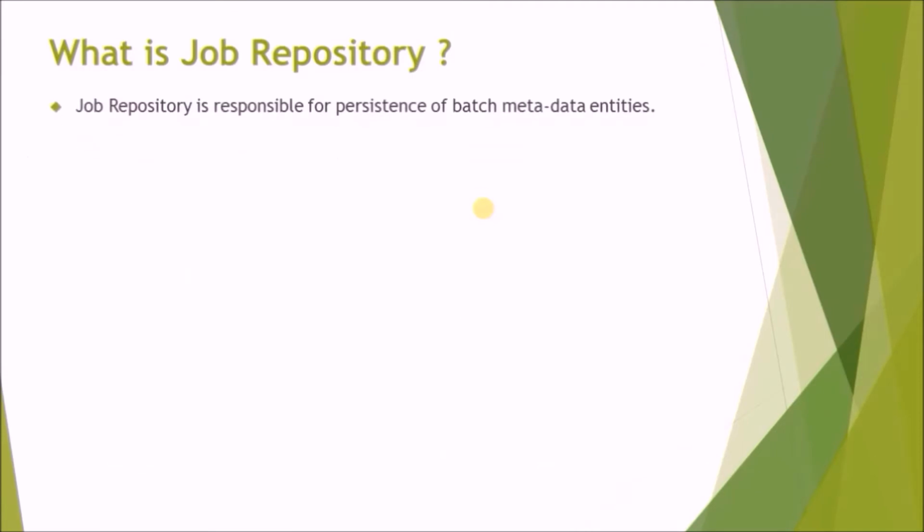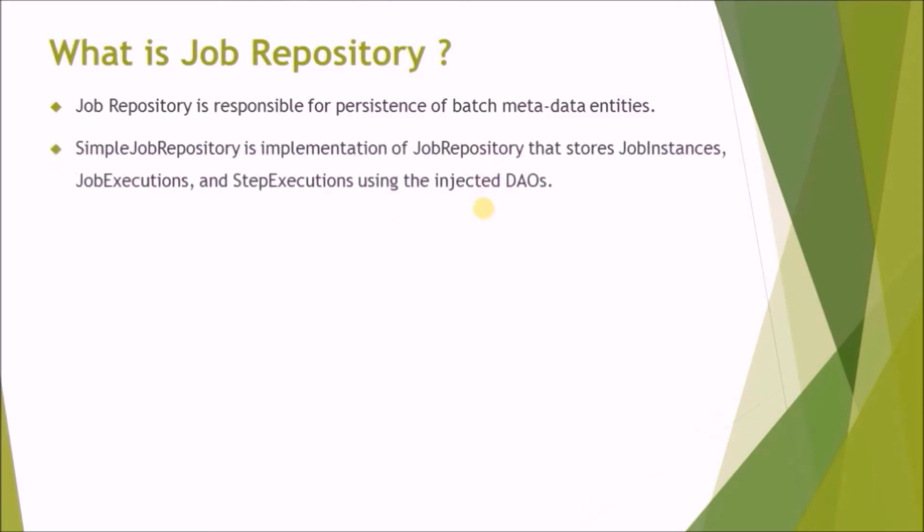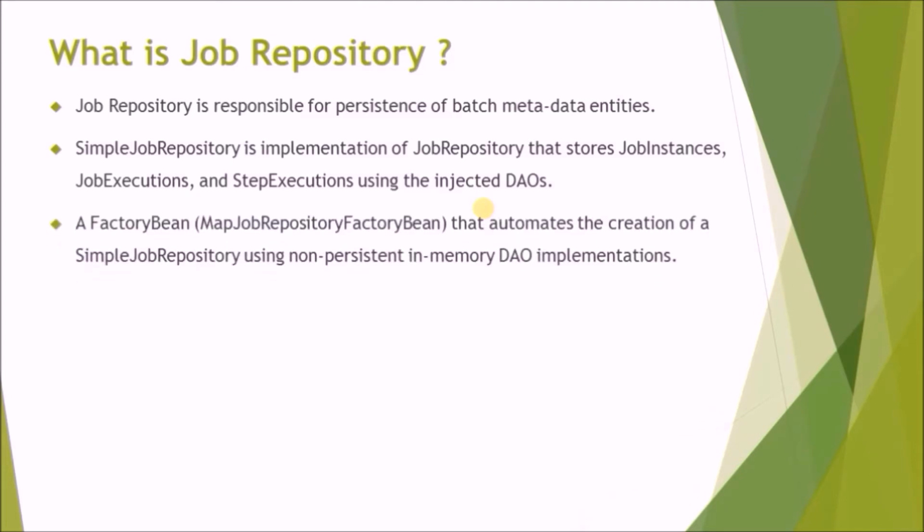Job Repository is responsible for the persistence of batch metadata entities. Simple Job Repository is the implementation of Job Repository that stores job instances, job executions, and step executions using the injected DAOs. A factory bean, Map Job Repository Factory Bean, automates the creation of a simple job repository using non-persistent in-memory DAO implementations.